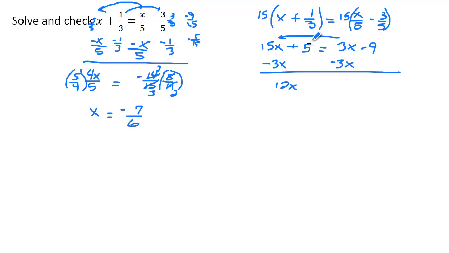If we want to bring that to the other side, we're subtracting both sides by 5. And we get a negative 14. Dividing both sides by the 12, that's multiplied by the x, to isolate the x, get it by itself. And x becomes negative 7/6.